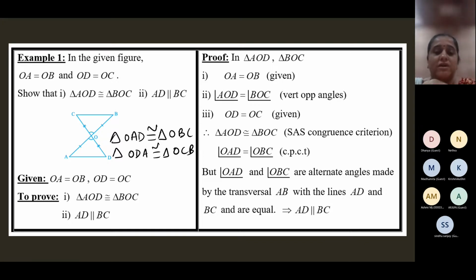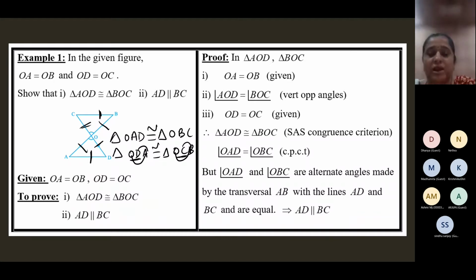If you say ODA, because see here, OD is equal to OC. Then DA is equal to CB. DA will be equal to CB. That is a new result. Then OA is equal to OB. All those equalities must be in the correct place.